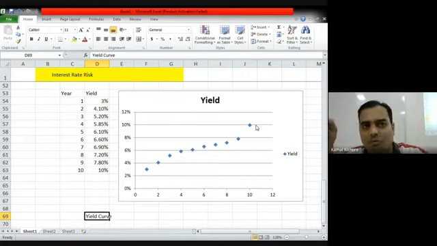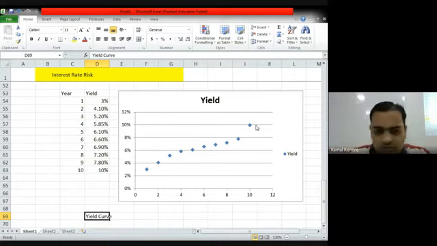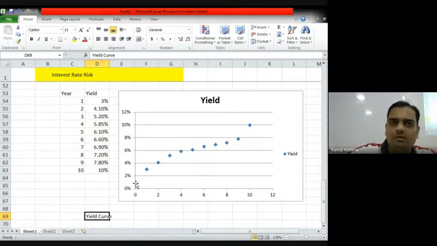This is an upward sloping curve. So what does an upward sloping curve tell? This is the maturity and this is the yield. What an upward sloping curve says is, as the maturity increases, the return will also increase.